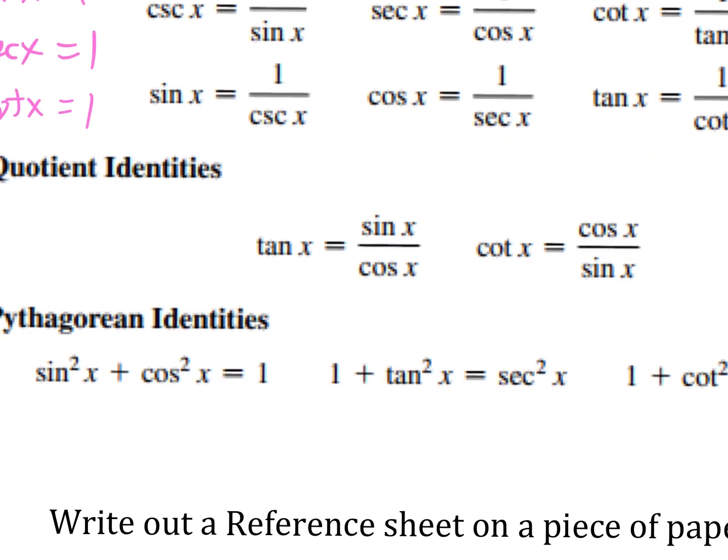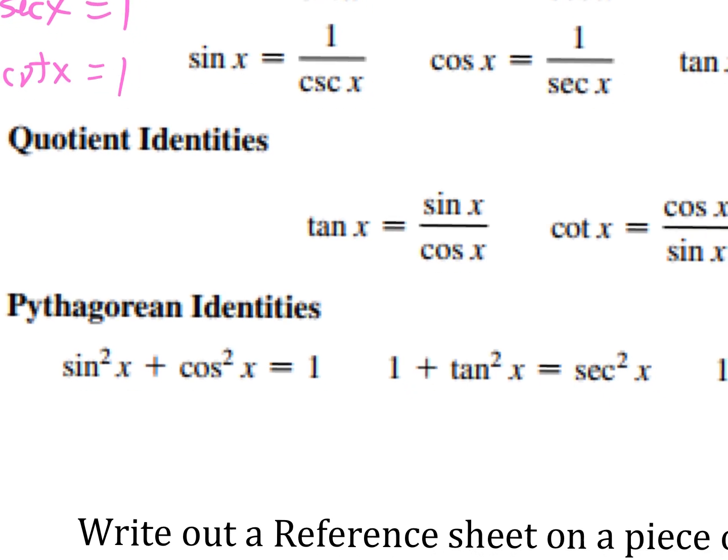But let's look at some alternative forms for these. If we solve and just get the sine by itself, in other words, let's multiply both sides by cosine, then we get that the tangent of x times the cosine of x is equal to the sine of x. So that's an alternative form for that quotient identity.